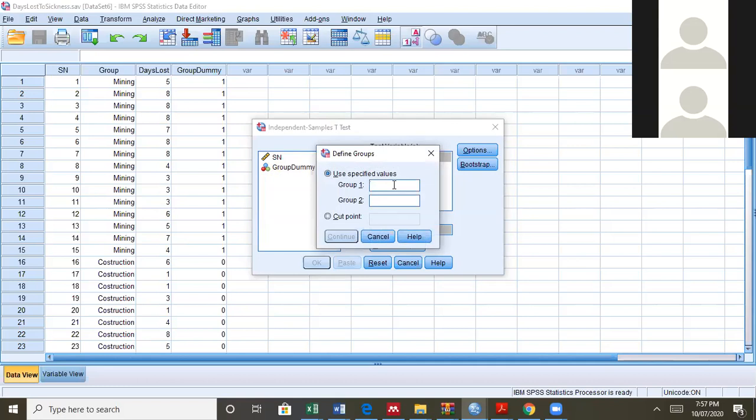So when we enter it, you have to know how you coded it. I entered 1 for mining and 2 for construction. Put 1 there and put 2 there. It doesn't matter which order. If I didn't code it and just typed mining, I would have to type it the way it is, if it is string. But it's not string because it's numeric.